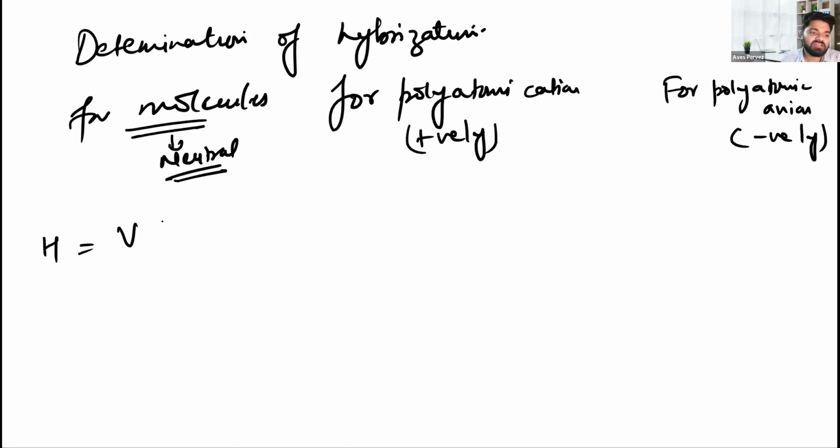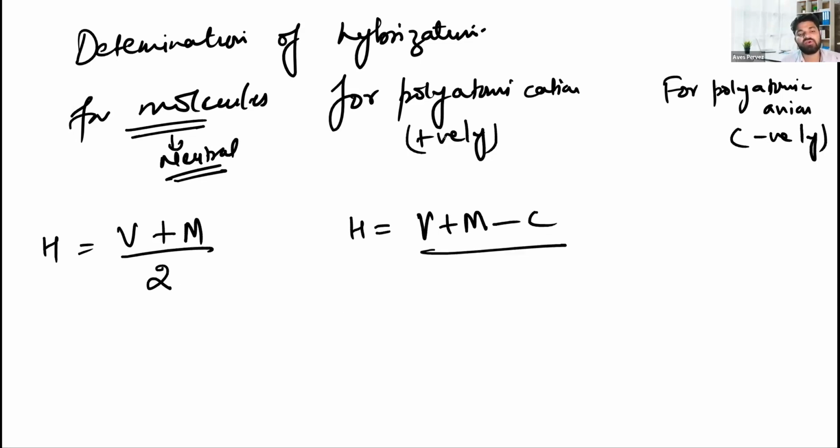This is the valence shell electrons plus the number of monovalent atoms attached. First is V, the number of valence electrons in the central atom, and the second is M, the number of monovalent atoms making bonds with it, divided by 2. If we have a positive or negative charge, then we have valence electrons plus monovalent atoms, and minus the charge on the cation.